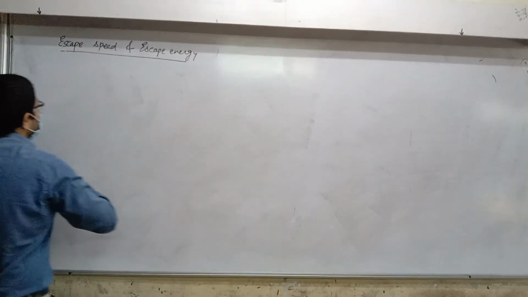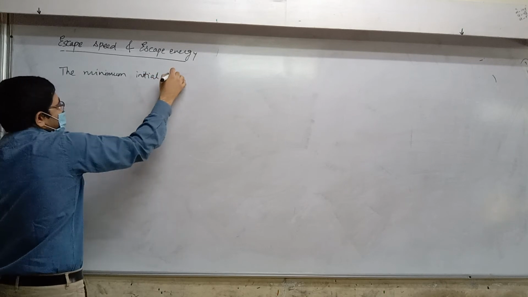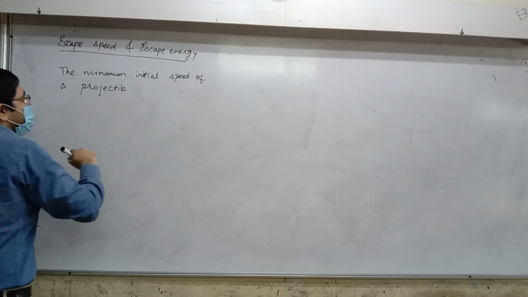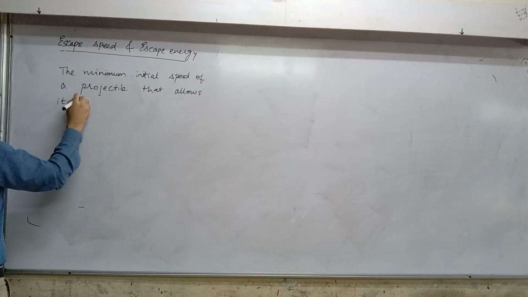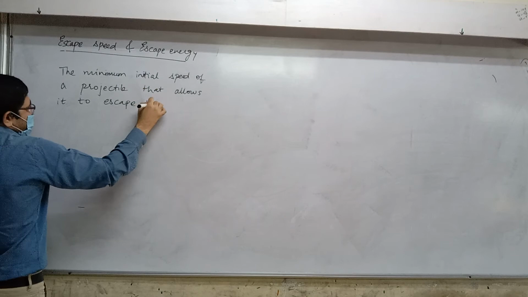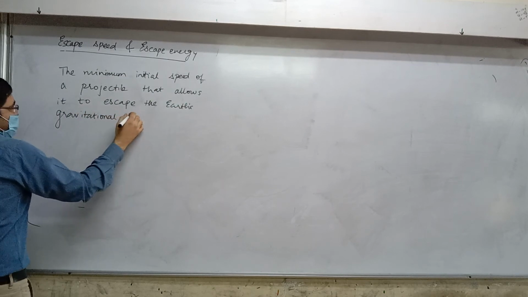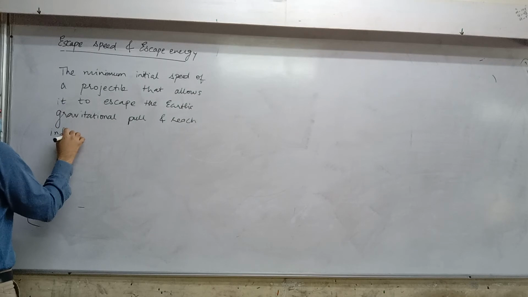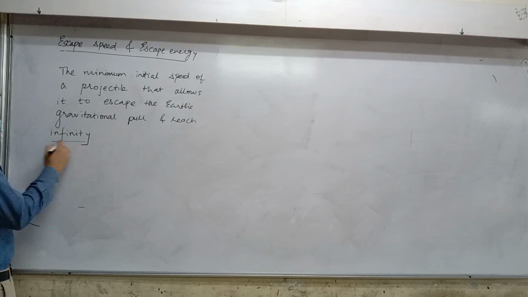Let's write the definition. The minimum initial speed of a projectile that allows it to escape the Earth's gravitational pull forever and reach infinity.